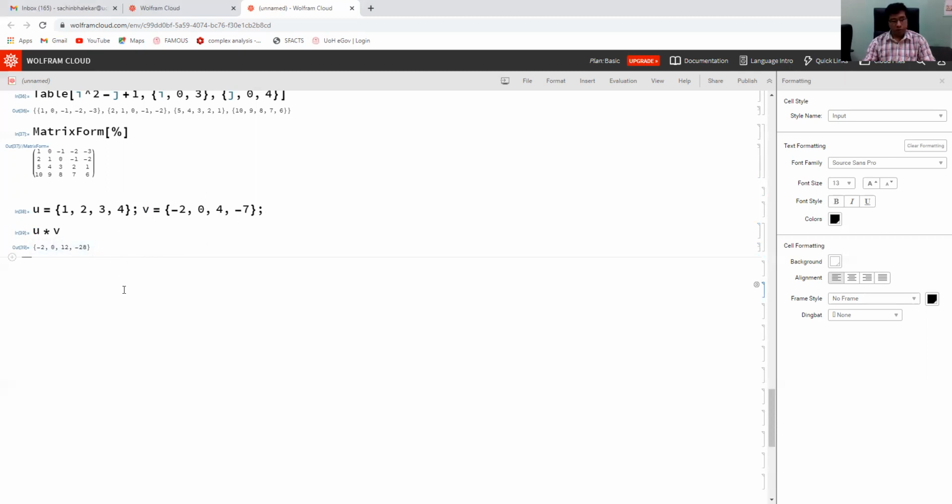Suppose we want the dot product of vectors, then use dot, which is the full stop on your keyboard. So u dot v. This is the dot product of these two vectors. You can verify.